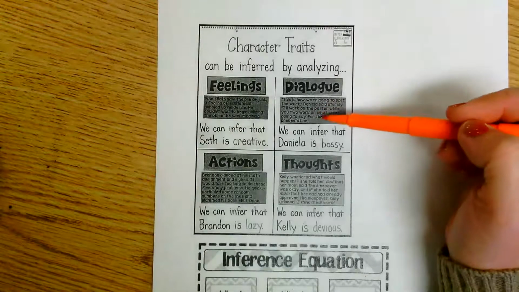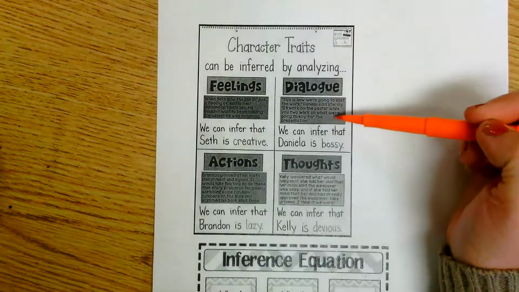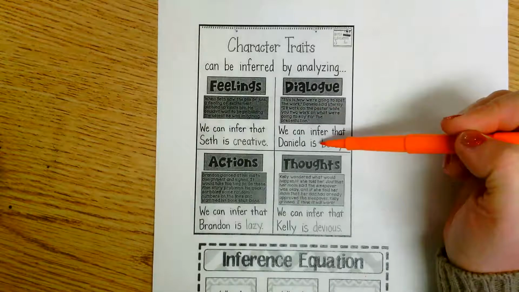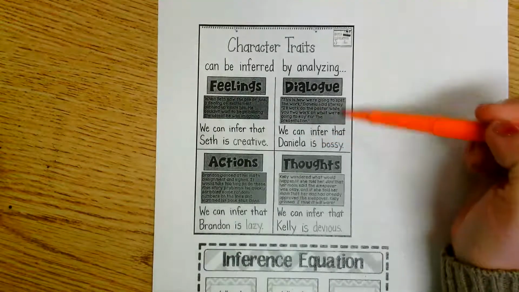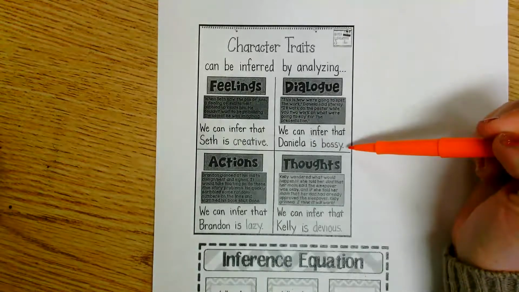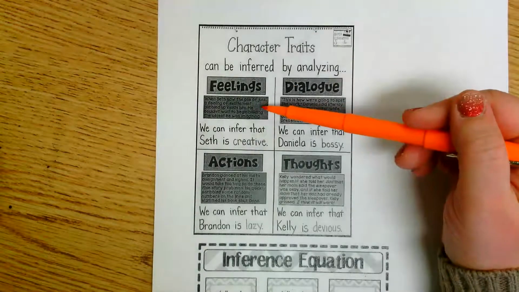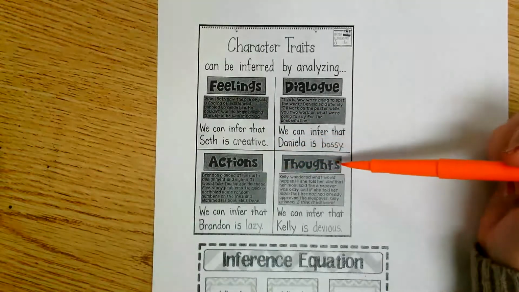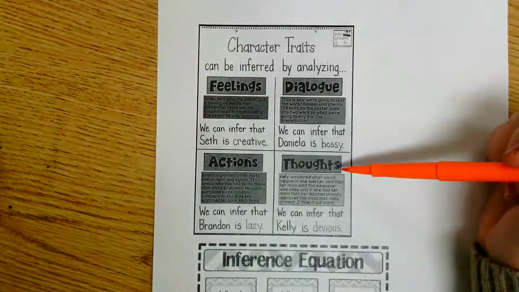So based on the fact that she's giving orders and directions and telling people what they're going to do, we can infer that Daniela might be a little bossy. So we took things that she said and made an inference about her character traits, like her personality. And again, you can do that by the way a character feels, the actions, the things the character does, and also the thoughts of that character, what the character thinks.